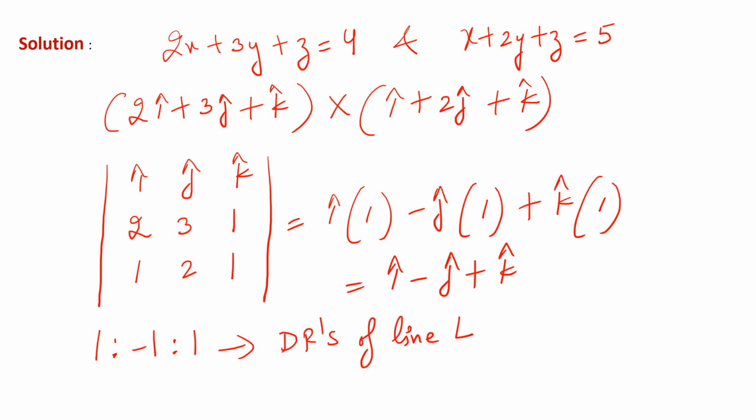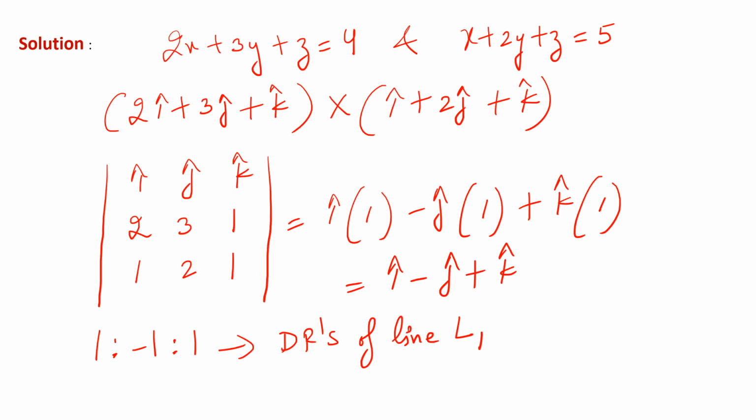Now students, there is no need to find the equation of the line L1. We have to just find the direction ratios of the line L1, because now we will find the equation of the line L2, which is parallel to the line L1 and passing through the point P (2, minus 1, 3).